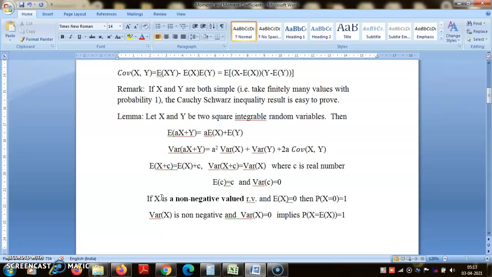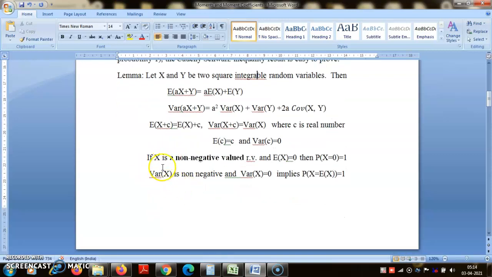The expectation of x is -1 into half, plus 1 into half, which is equal to 0. But this condition that I have written, that if the expectation is 0 then probability x equal to 0 is 1, is true only when x is taking non-negative values. That means it cannot take any negative values.